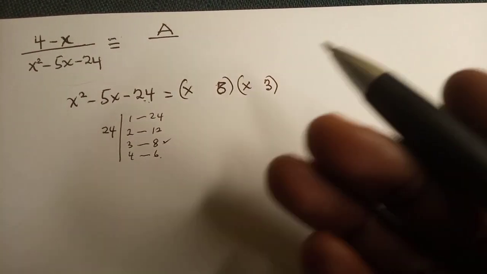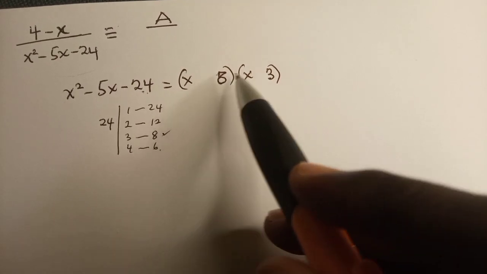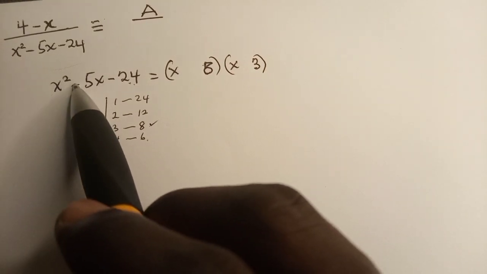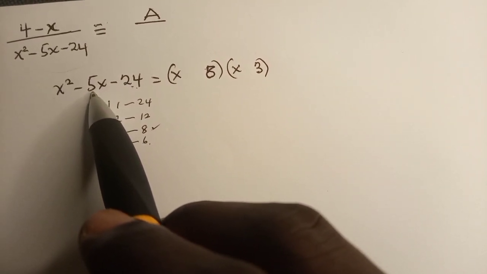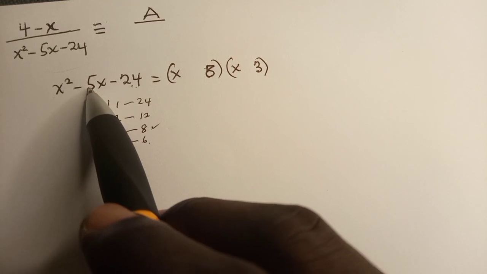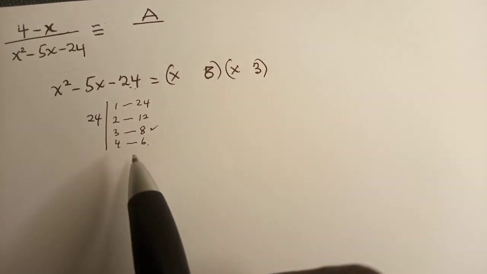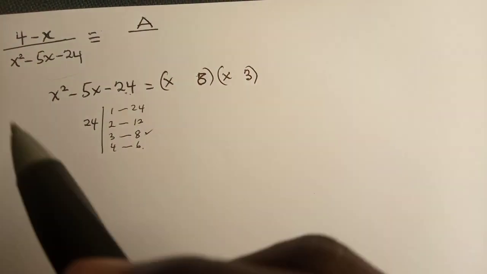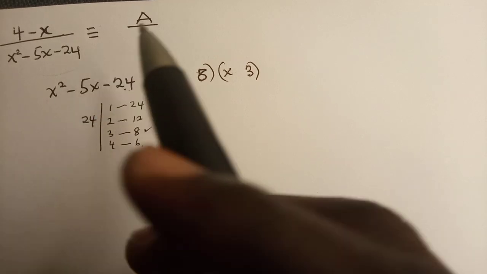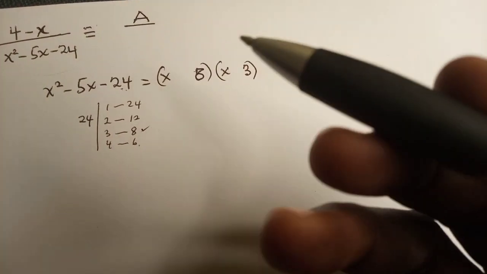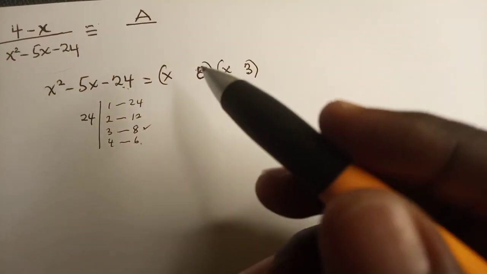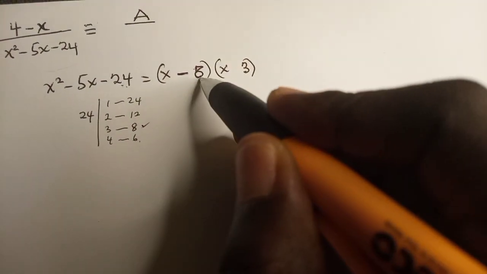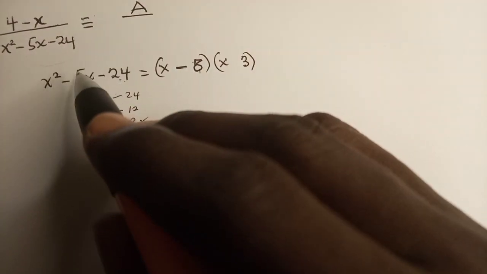Now what is left is the sign you need to put, either plus or minus. We don't know yet, so you check the sign attached to the x term, which is negative. Between the 3 and the 8, the difference gives a negative value, so you negate the higher value, 8.